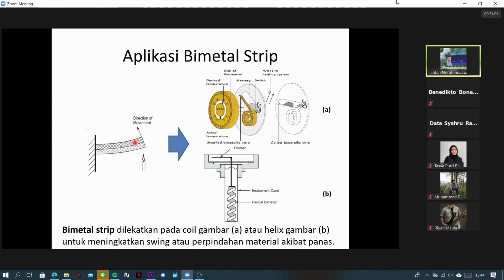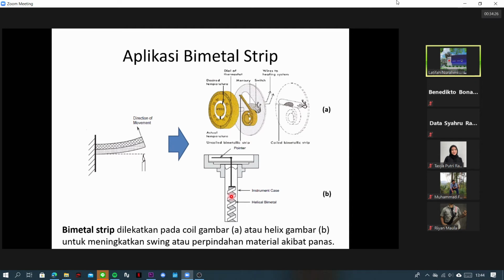They are joined together like in the figure, or it can be in the helix form like this. Imagine you have a helix metal, but there are two metal, bimetal helix.